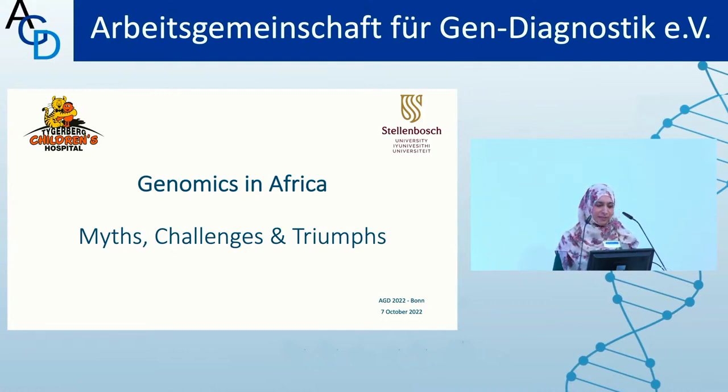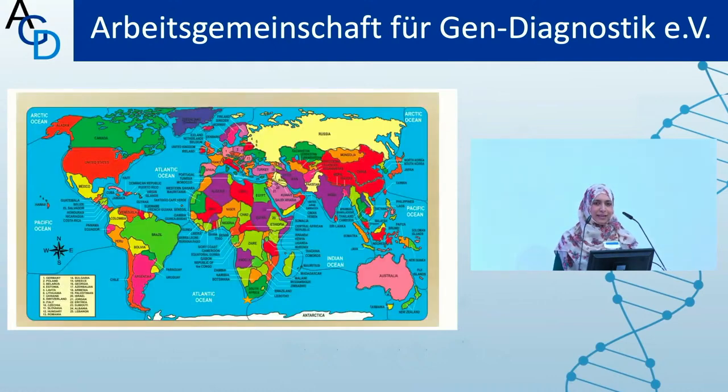And I've chosen that particular title, genomics in Africa, because I think we should start with one of those myths, that Africa is somehow a monolith, something that's very homogeneous. There are more than 1.4 billion people that live on the continent in 54 different countries, a couple of disputed territories. And if you can just take South Africa as an example, we have 11 official languages.